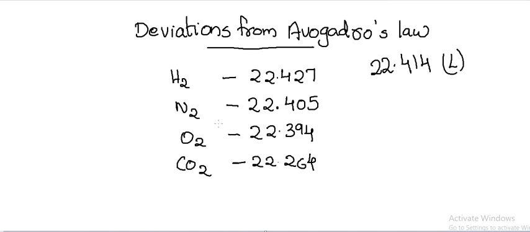In the case of nitrogen, it shows 22.405. In the case of oxygen, it shows 22.394. In the case of carbon dioxide, it shows 22.264, etc. So, this behavior indicates the deviations from Avogadro's law for real gases compared to ideal gas behavior.